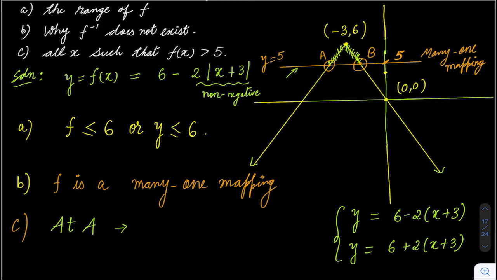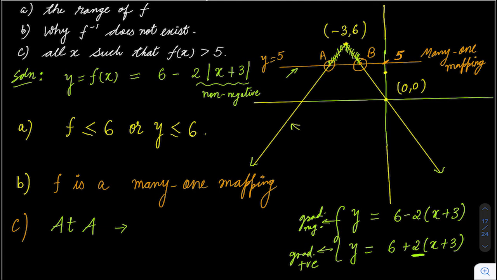Now the question is, which line is which? We can do that with the gradient. We have all learned what a gradient is. The gradient of this line is 2, which is positive, and the gradient of the first line is negative, right? Which line has the positive gradient?